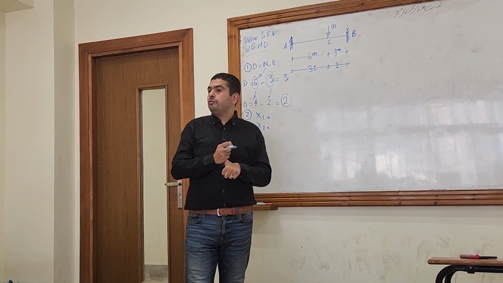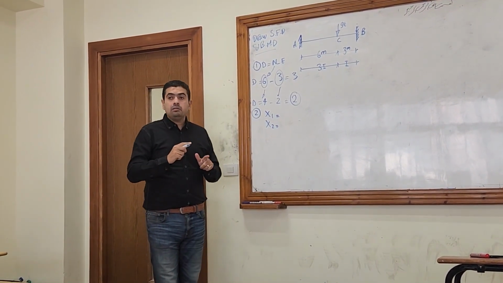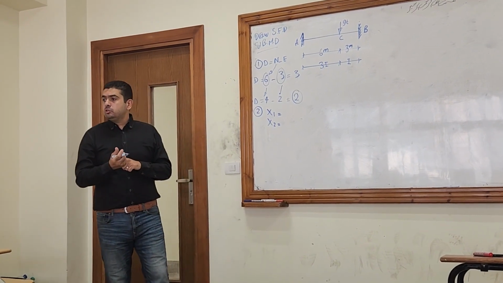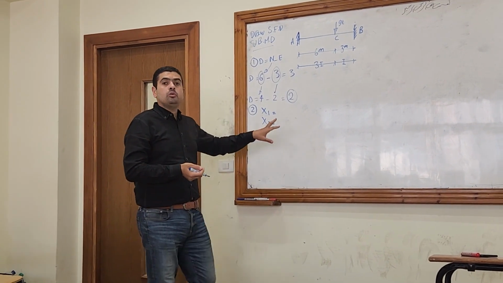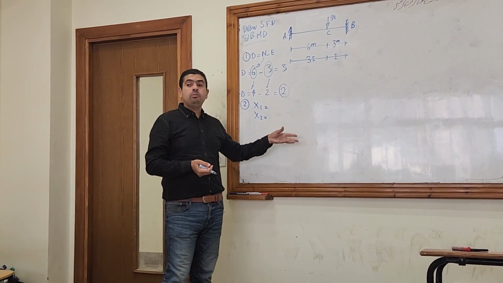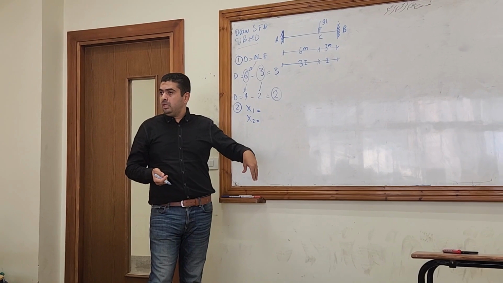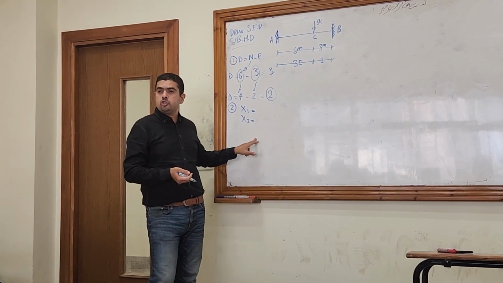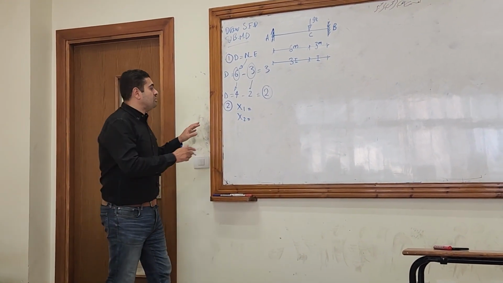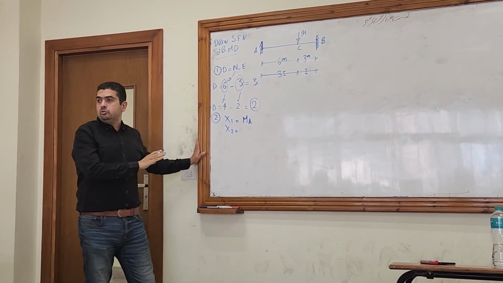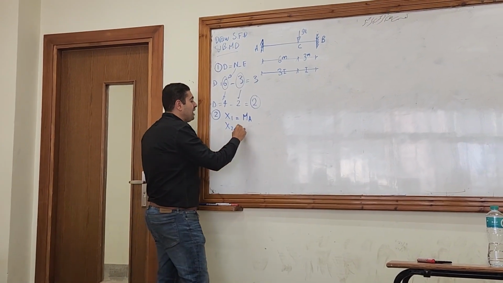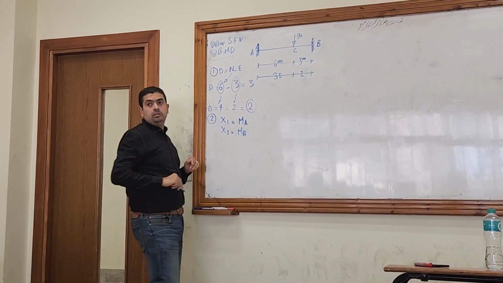So case node for the loads only, and each redundant will have an additional case. So let's decide here the X1 will be MA, as you like. I decided to choose this for MA, and the X2 will be MB.